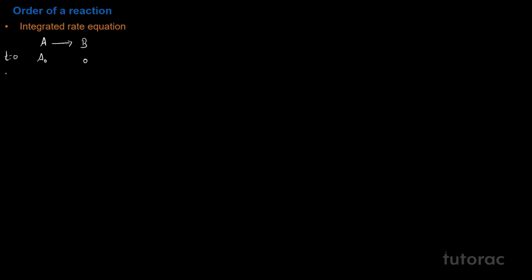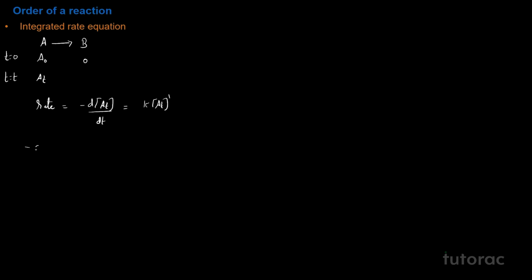After some time t, the concentration of reactant changes to some concentration, let's say At. For this we can write the rate of reaction as equal to minus dAt upon dt, and also equal to k At to the power 1.